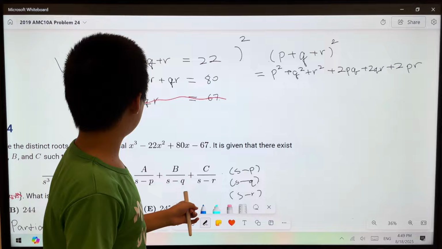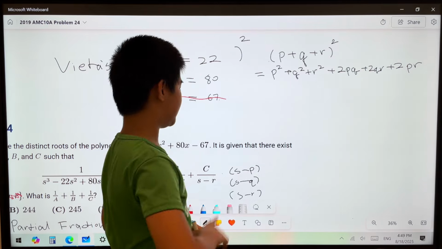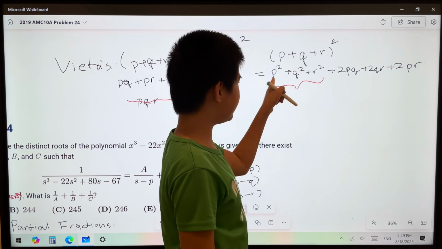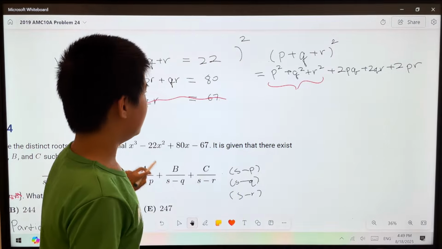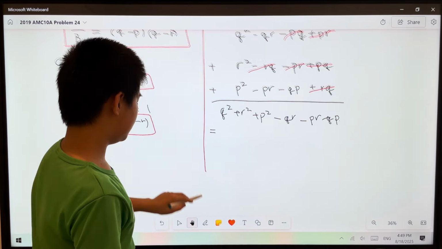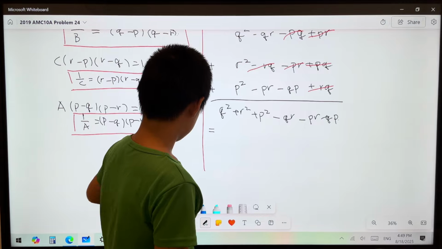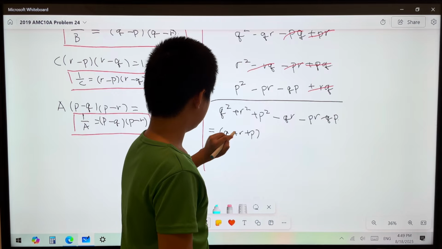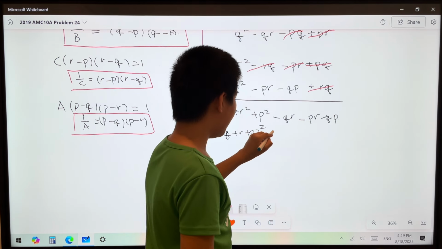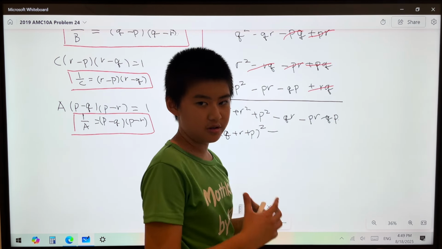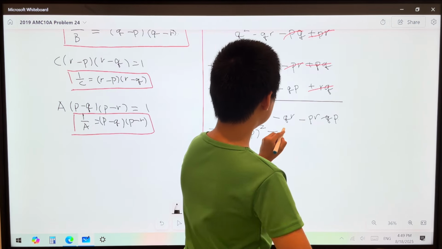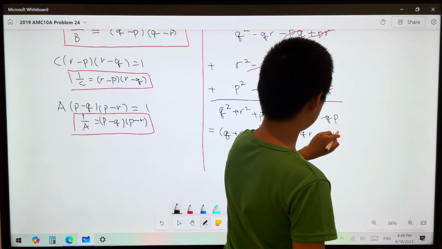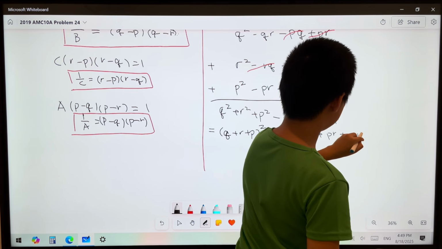And I'm not going to figure out what this is just yet, because now we see what we want. The thing that we want is the sum of them, q plus r plus p, squared, minus, because you're going to subtract off the excess, 2 times their pairwise sum: qr plus pr plus qp.